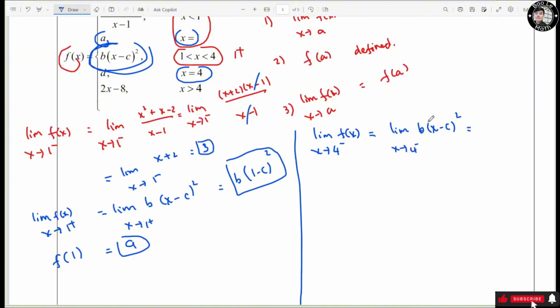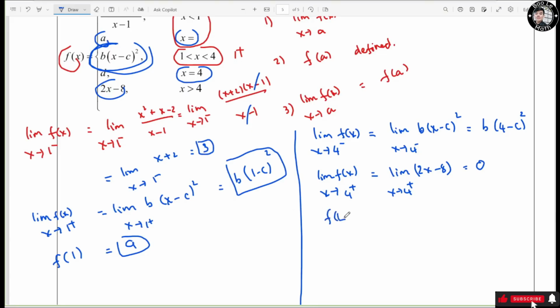Substitute 4 for s, so it could be b times 4 minus c squared. Similarly, the limit of the function f of s when s approaches 4 plus is going to be the limit of this one, so it could be 2s minus 8 when s approaches 4 plus, and substitute 4 for s, it could be 0. And then f of 4 equals d right here.